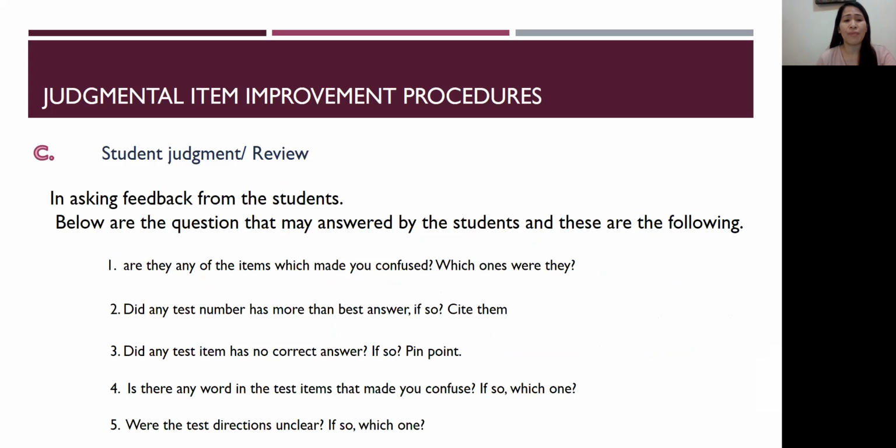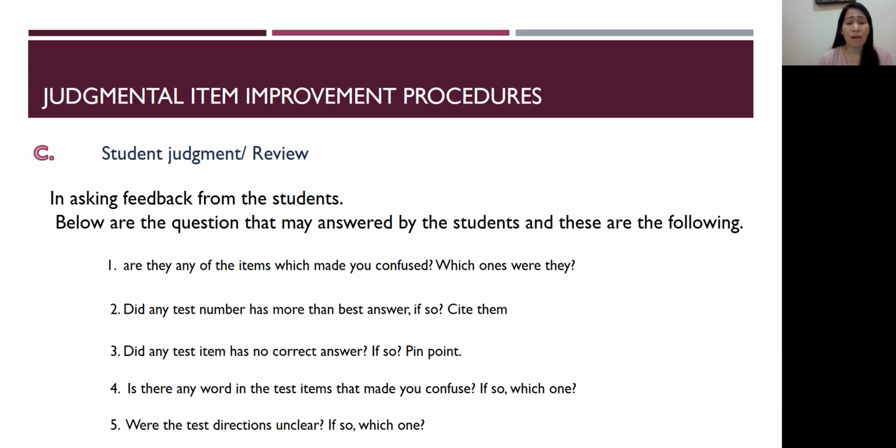Empirical item improvement. Student judgment or review. In asking feedback from the students, below are the questions that may be answered by the students, and these are the following. Are there any of the items which made you confused? Which ones were they?